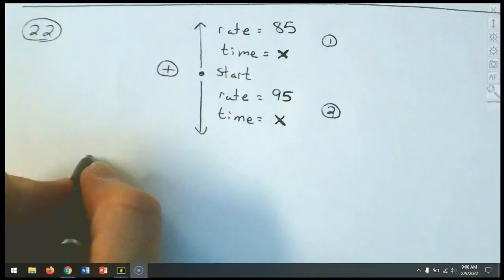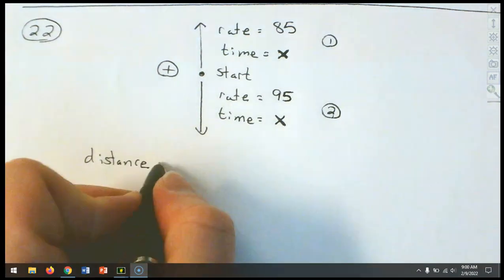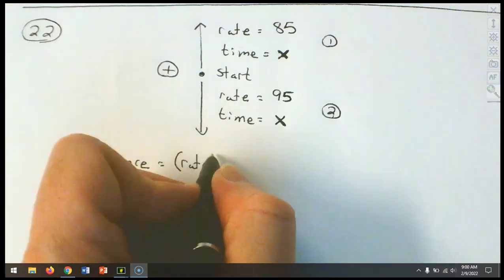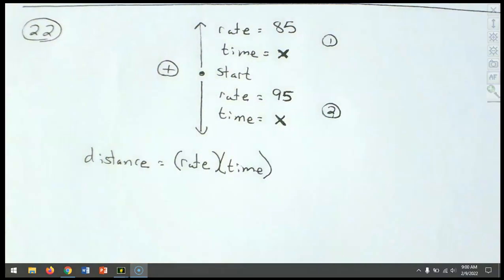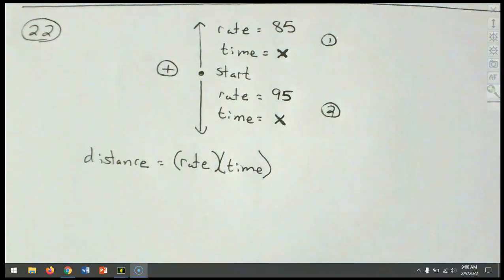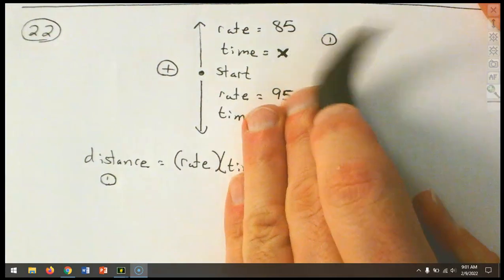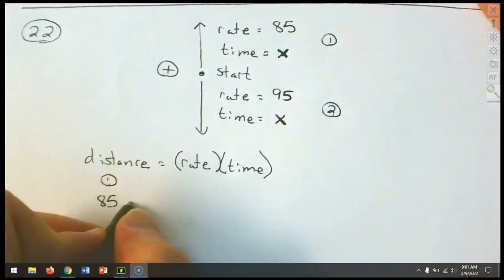And now let's find our distance. Our distance again is the rate of speed times the time. And I think these are actually a little bit easier to solve. Okay. First train: 85, unknown amount of time, x.